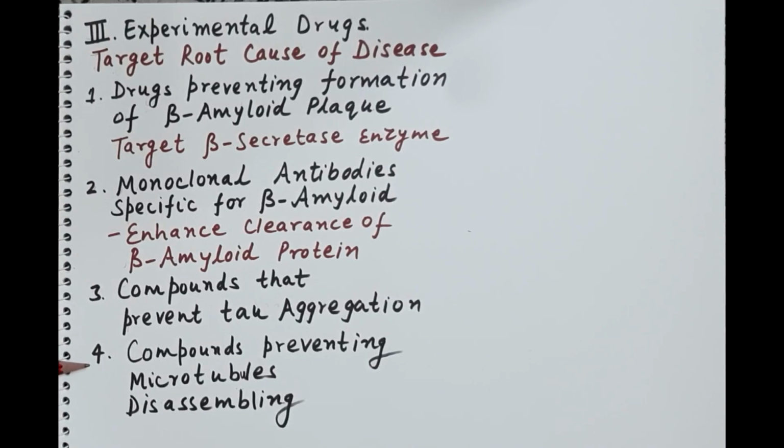And another option is to prevent the disassembling of the microtubules. So a number of researchers are trying to develop drugs which can slow down the process of neurodegeneration, and hopefully researchers will come out with a drug with good efficacy and reduced side effects, which can actually slow down the process of neuronal degeneration and neuronal death.